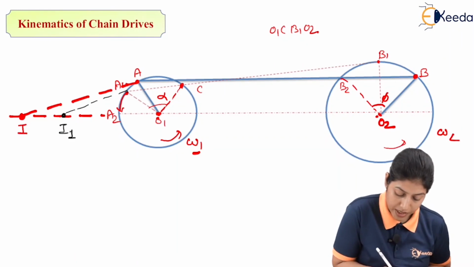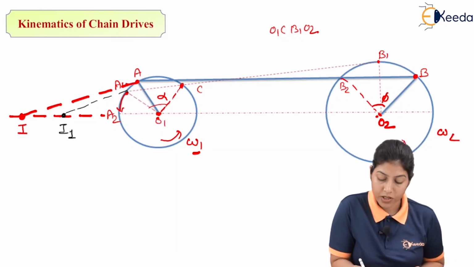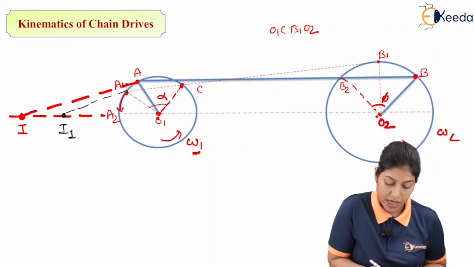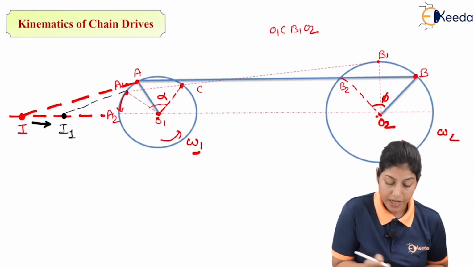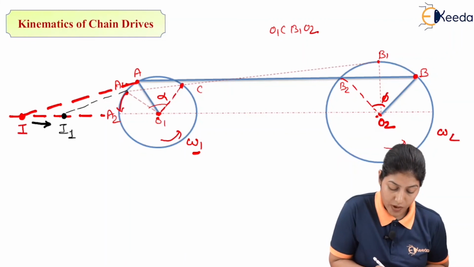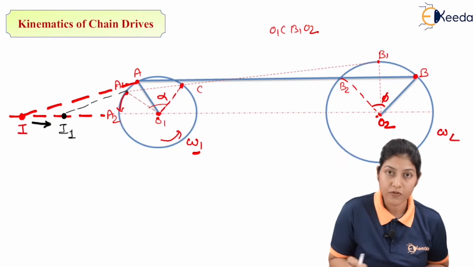So this is representing another instantaneous center for the second 4-bar mechanism. It is representing I1. In that case, this I1 is far ahead of this I. In that condition, O1I1 for the second condition is lesser than O1I for the first condition.